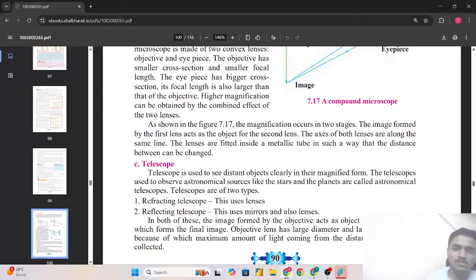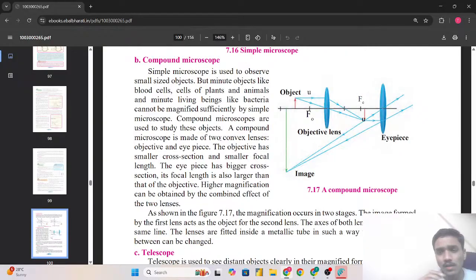Means that in the compound microscope as we are using the objective and the eyepiece, this type of two lenses. So एक जो लेंस है वो उसके इसमें से रिफ्रैक्शन हो जाने के बाद the image which is formed by the first lens, that is the objective lens, तो वो image act करेगी as an object for the second lens, that is the eyepiece. मतलब यहाँ पर इसका एक फंडा है कि कंपाउंड माइक्रोस्कोप में हम दो लेंसेस यूज कर रहे हैं. सो एक लेंस से जो रिफ्रैक्शन हो जाने के बाद जो इमेज फॉर्म्ड होगी, सो वो जो इमेज है वो अगले जो लेंस है उसके लिए एज अ ऑब्जेक्ट का काम करेगी.